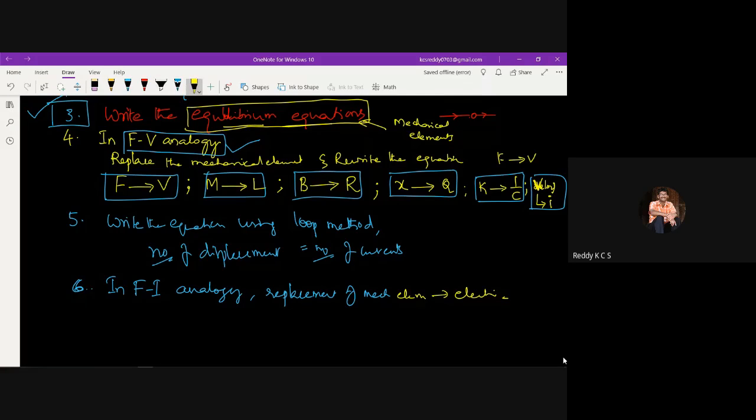Here force is replaced with I, because it is the force-current analogy.